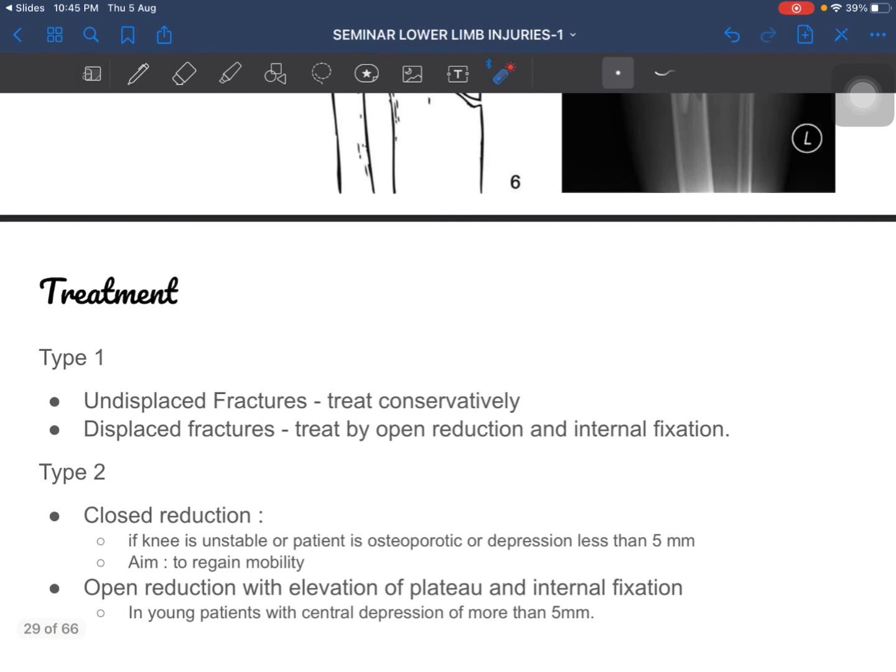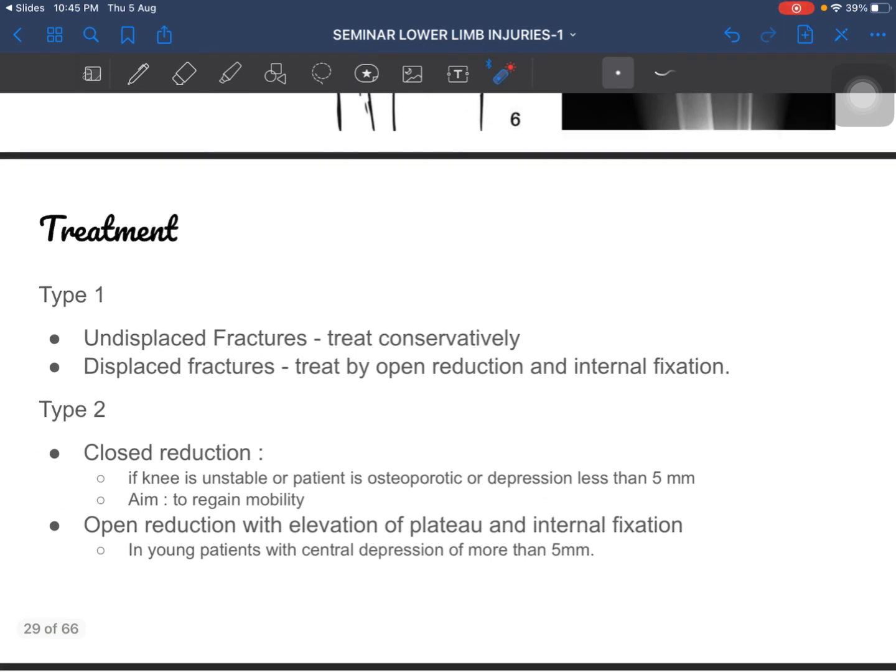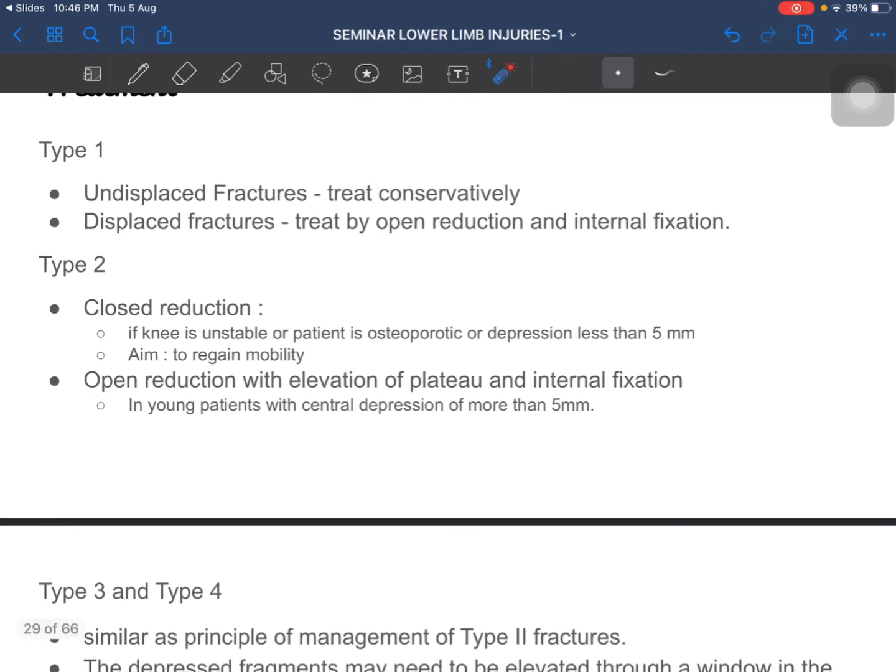And treatment, the treatment is according to what type of fracture it is. For type 1, if there is no displacement of the fracture, we can treat it conservatively. If there is a displacement of the fracture, it should be treated by open reduction and internal fixation. For type 2, there are two options: closed reduction and also open reduction with elevation of plateau and internal fixation.